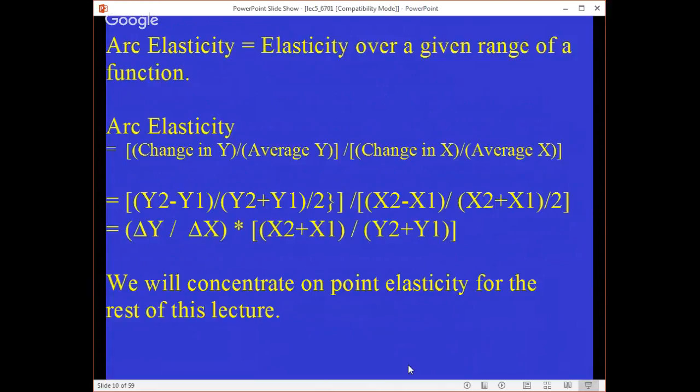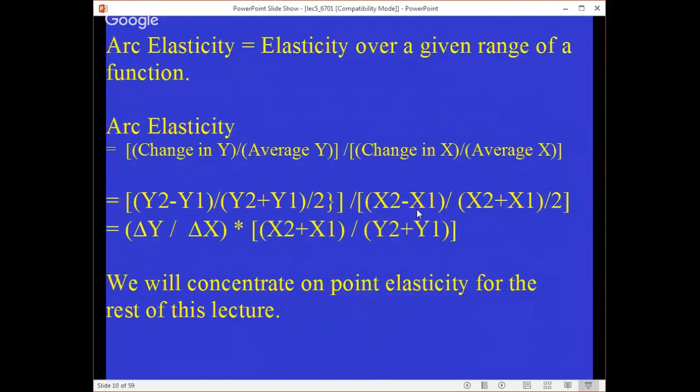So arc elasticity is a change in Y divided by average Y over the change in X divided by average X. So algebraically, I have 2 points, Y1 and Y2. So it's Y2 minus Y1 divided by the average, Y2 plus Y1 divided by 2, all of that divided by the points of X. That's X2 and X1.